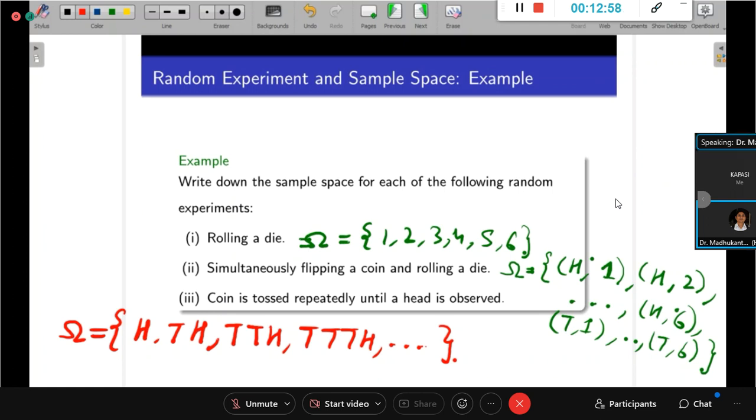A set is said to be countable if you can get a one-to-one onto correspondence, a one-to-one correspondence, between that set and the set of natural numbers.